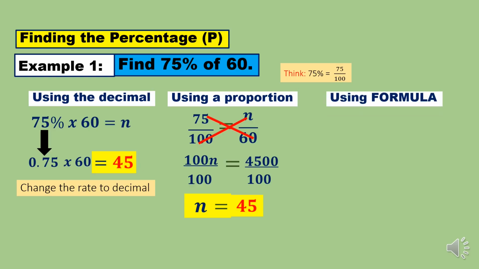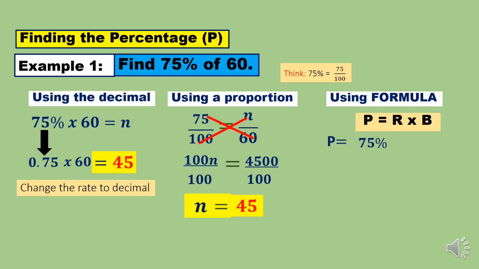Next is using formula. Yung using the decimal and using a proportion, yan ay galing sa ating module. Then, idinagdag ko itong using formula. Ito ang formula. Percentage equals rate times base. So, i-multiply lang pala natin ang rate and base. P is for percentage and R for rate.